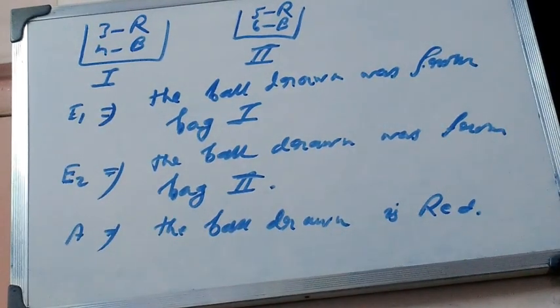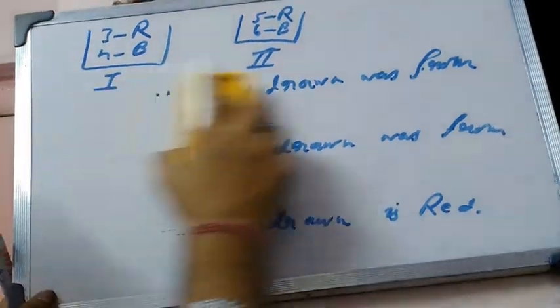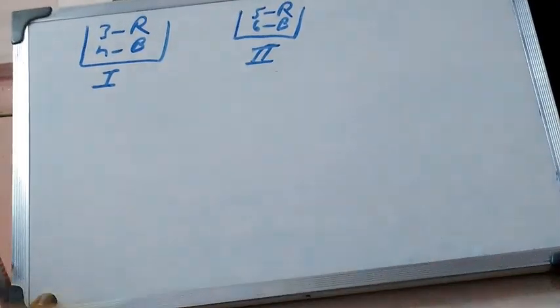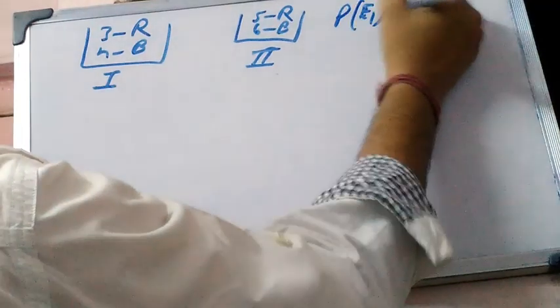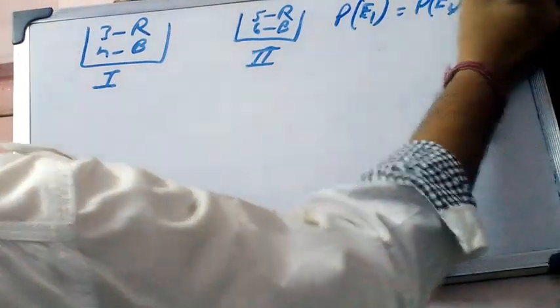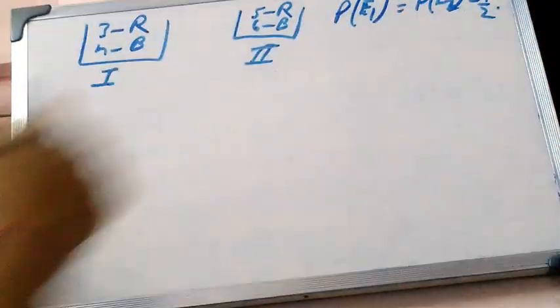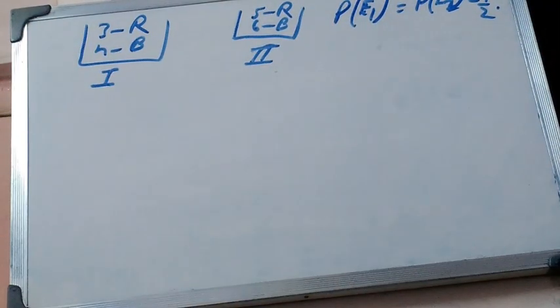Now it is clear that probability of E1 is half and probability of E2 is also half. That means the probability of choosing one bag out of 2 bags is 1 by 2, and the probability of choosing the other bag is also 1 by 2.